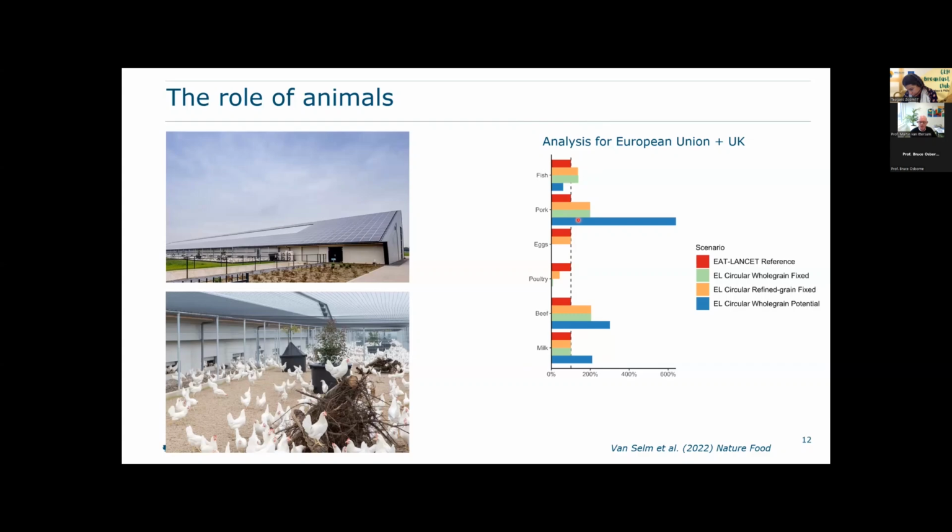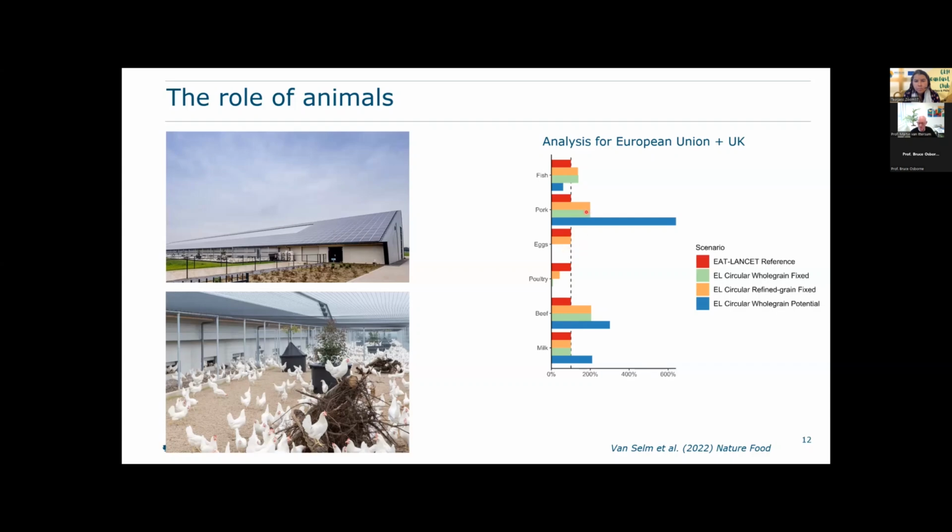But for specific products, like here for fish, the blue scenario, or for eggs here, the green and the blue scenario, there is not enough production of those categories. But for others, like pork here, there's actually far more than 100% of the requirement. So adding it all up, there is enough livestock protein production in these kinds of circular systems, but for specific products we have an underproduction, and for other products we have an overproduction.